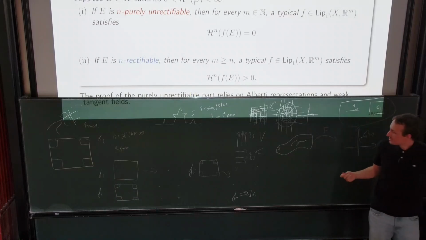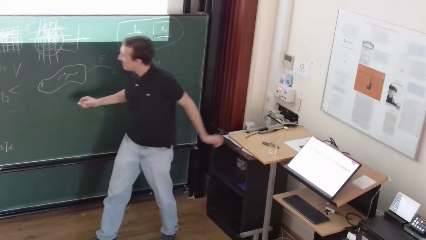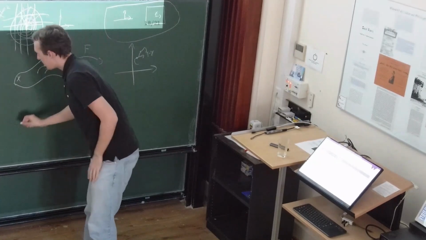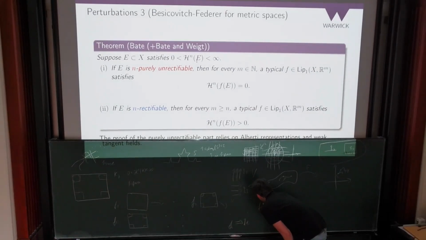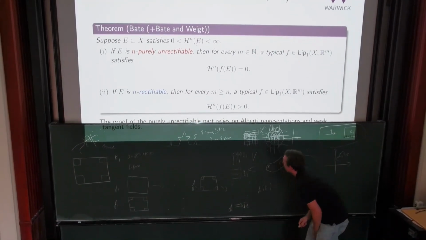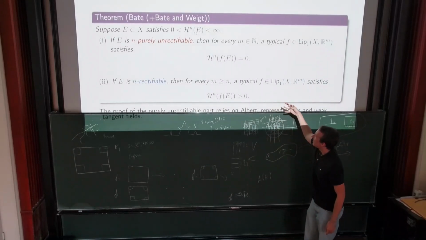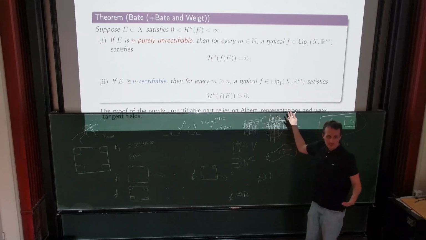But this is a very strong result because Fn, maybe I should call them Fi. Because now, if I take Fi of E, not only is H1 of Fi of E 0, but they are finite sets.